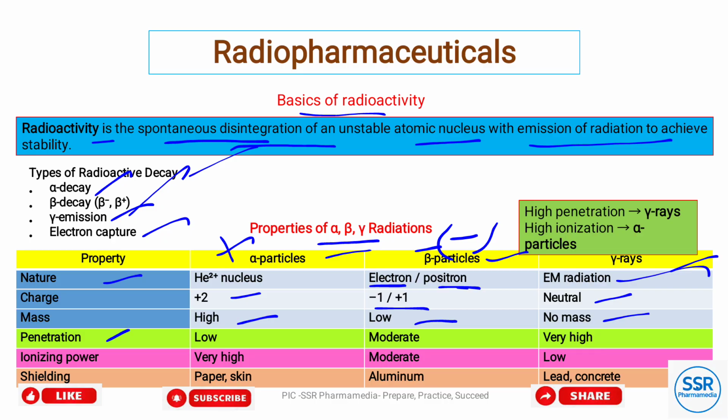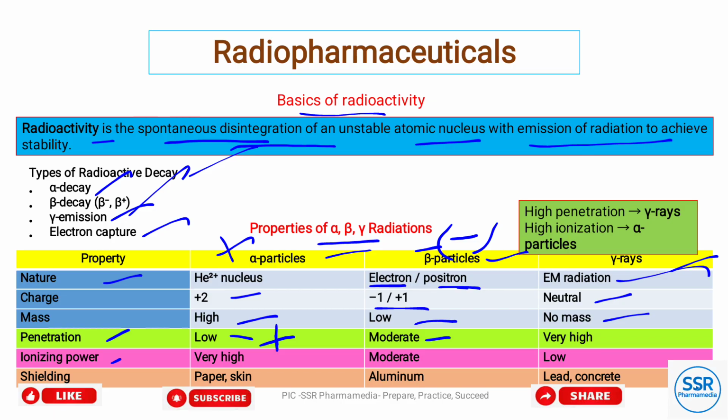Penetration power is very important, along with ionization power and shielding power. The penetration power of alpha particles is very low, so they can be stopped even by a single sheet of paper.